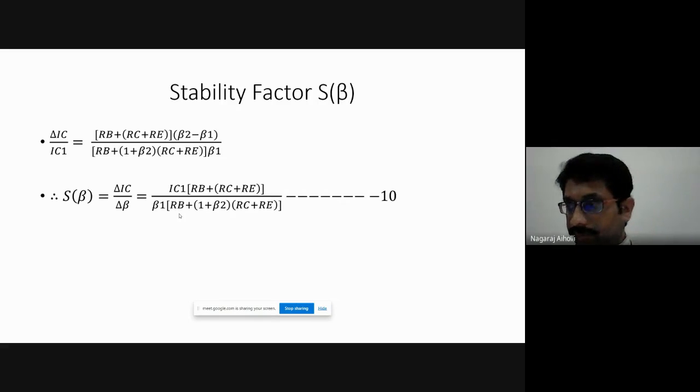Abhay? Is this derivation understood? Adarsh? Kirti? Prajwal Gowda?